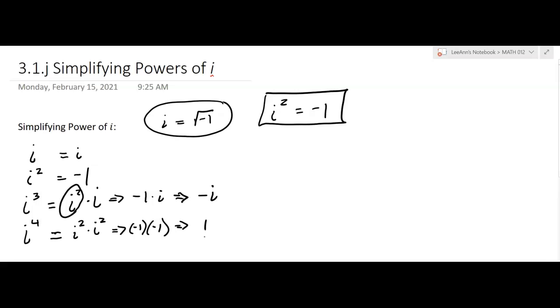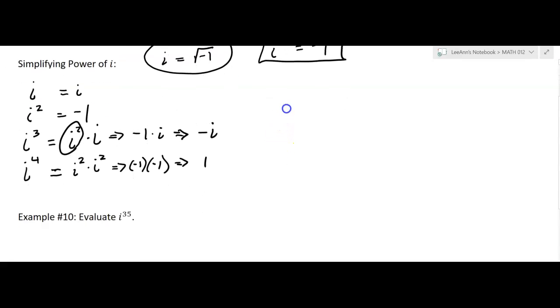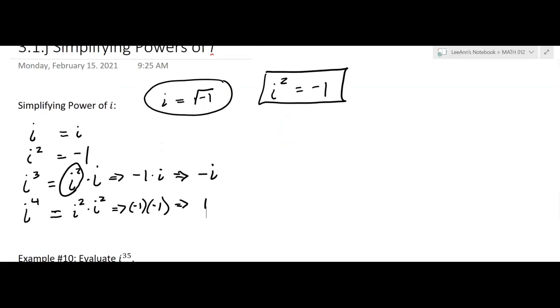All right, let's continue. Let's say we had i to the fifth power. Well, that would be i to the fourth times another i. See, we keep multiplying by i here, right?